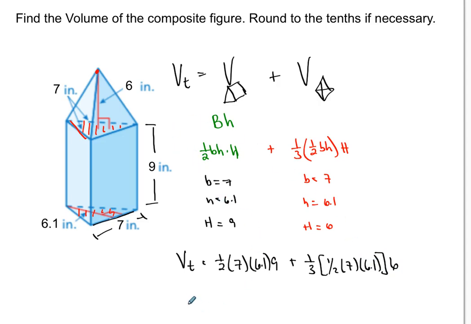After plugging this all in one shot into my calculator, I'll get an answer of 234.85, and since it's rounded to the nearest tenth, in this case it's 234.9 inches cubed.